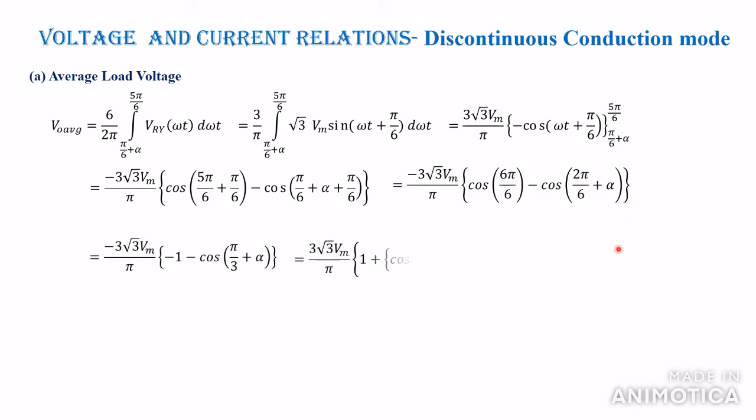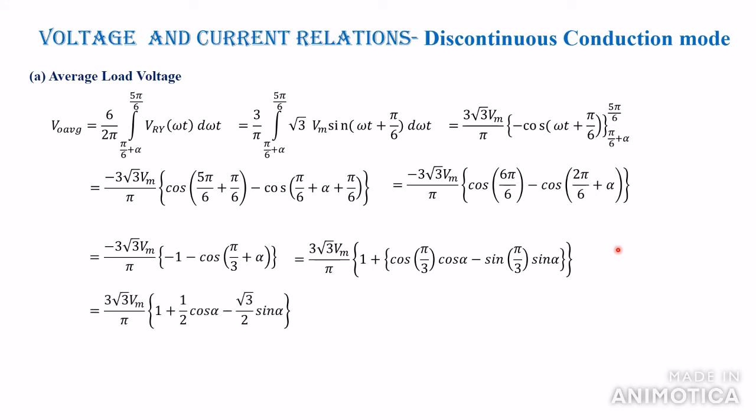Okay. In this step, this is in the form cos A plus B. So we can apply the formula here, cos A cos B minus sin A sin B. On further simplification, we will be obtaining this expression.